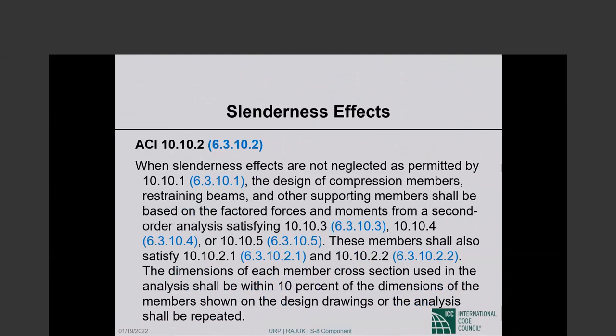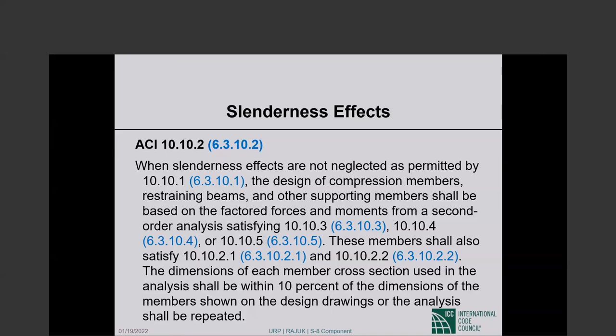If you cannot neglect them, the design of compression members, restraining beams, and other supporting members, so it's not just the compression members, but the beams that the compression members frame into and so forth, shall be based on the factored forces and moments from a second order analysis satisfying. So there are three ways, as I said, 10.10.3, 10.10.4, 10.10.5.